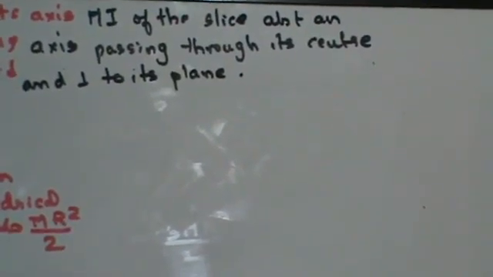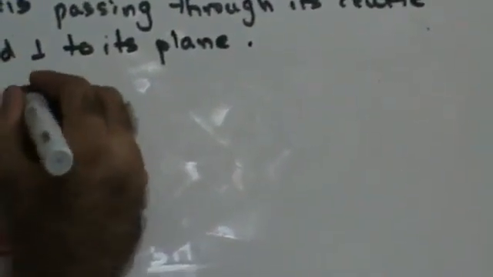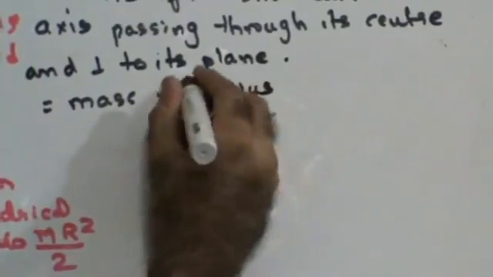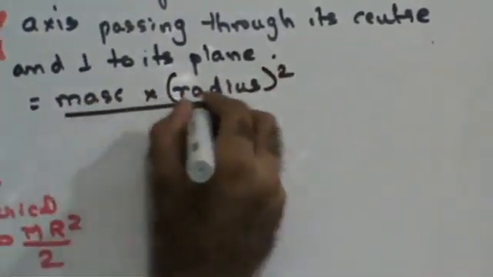So in that case, it will be nothing but mass into radius square by 2.